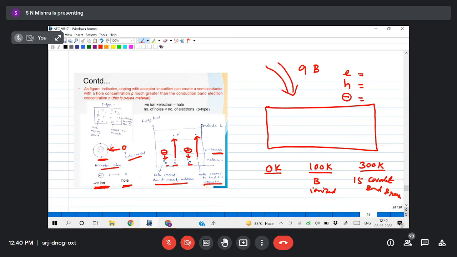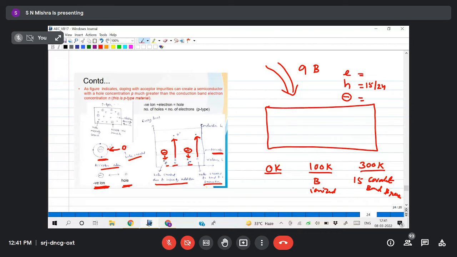15 holes? 24 holes. Electron will be 15.